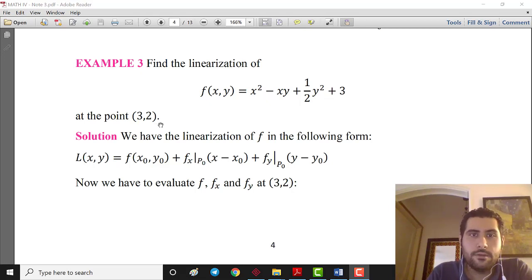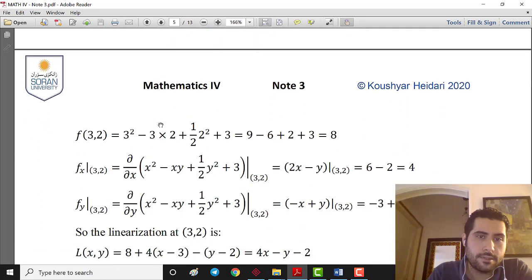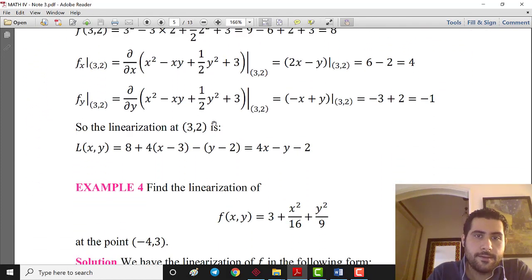And what was our conclusion? We concluded that the linearization for this function around this specific point is 4x minus y minus 2.